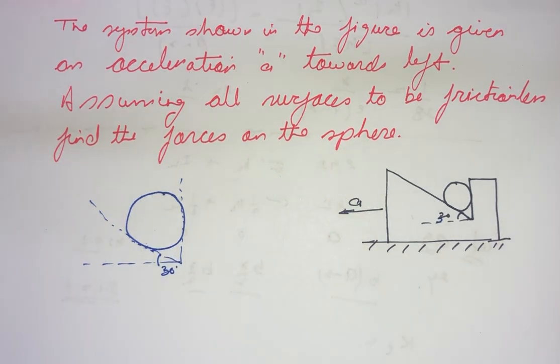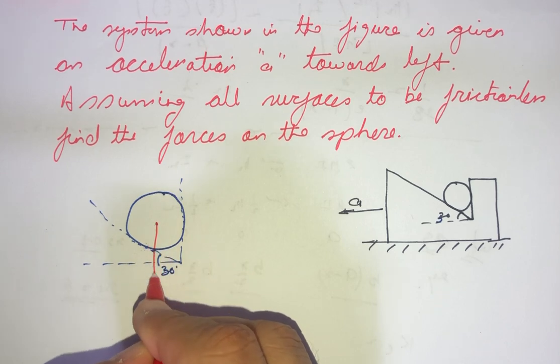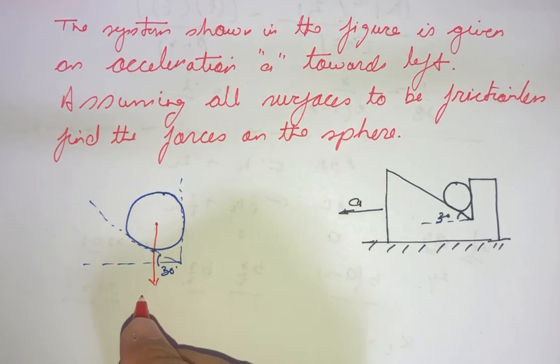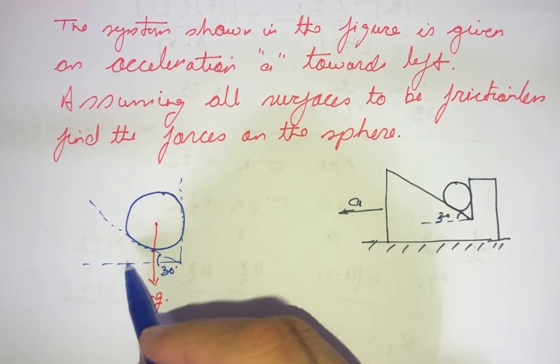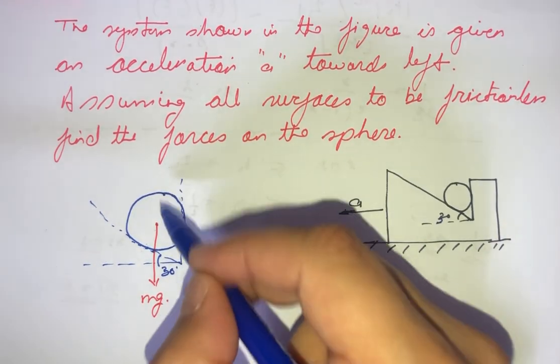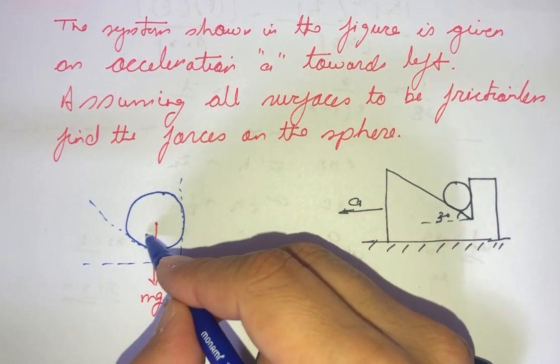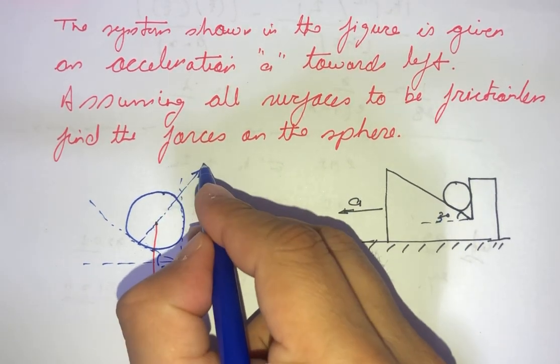So you can say that there will be a force mg acting vertically downwards. This will be mg. And because of this slope there will be a normal acting, so we can draw the normal like this. Let us suppose this is N1.